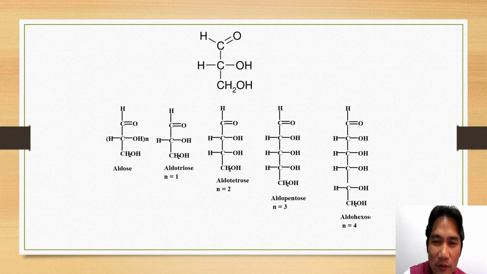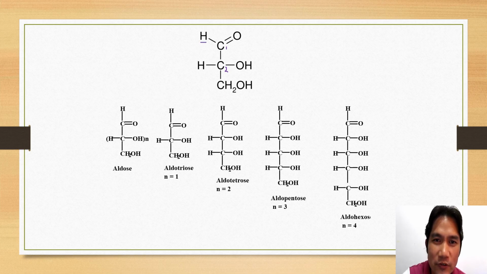So in this particular example, we can see that the second carbon in this molecule has four different groups bonded to it, while carbon number 1 has only three groups bonded to it.